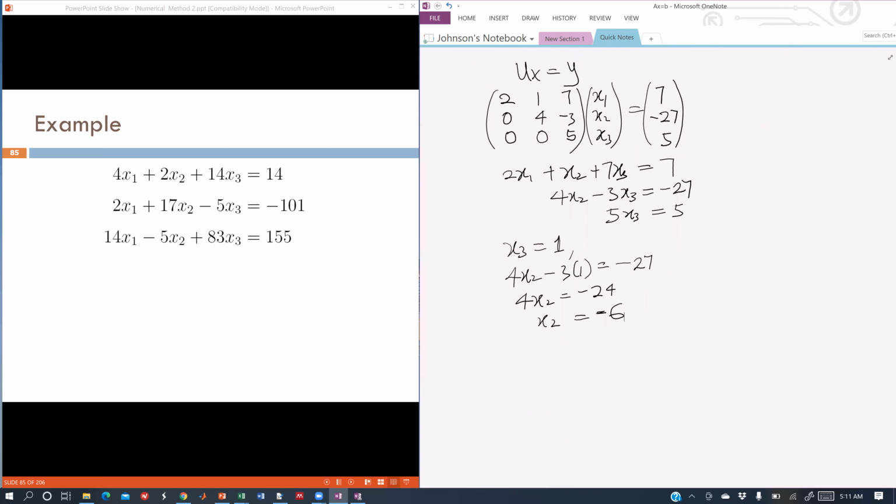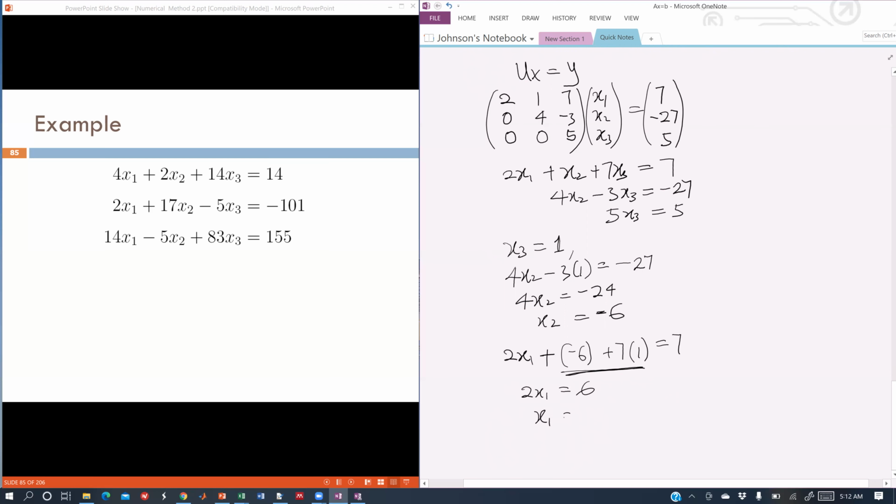So if x2 is negative 6, then putting it into equation 1, we get 2x1 plus negative 6 plus 7 into positive 1 is equal to 7. So the left side constant simplifies to positive 1, which goes there as negative 1, and that gives us 2x1 is equal to positive 6.